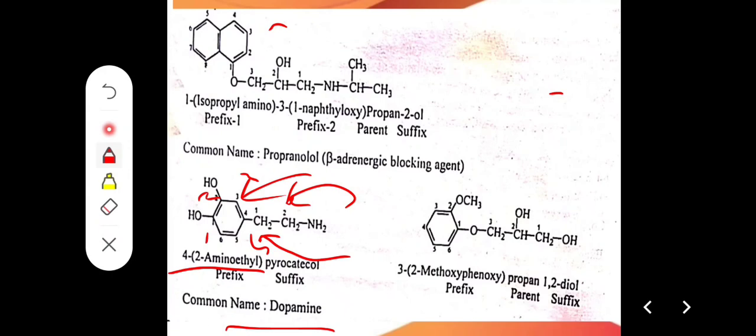So we write 4, then hyphen, then in brackets 2-aminoethyl, because the amino group is present at 2 carbon of the aminoethyl group, and then pyrocatechol. Pyrocatechol is the suffix because catechol is principal in that case. It has the common name dopamine.